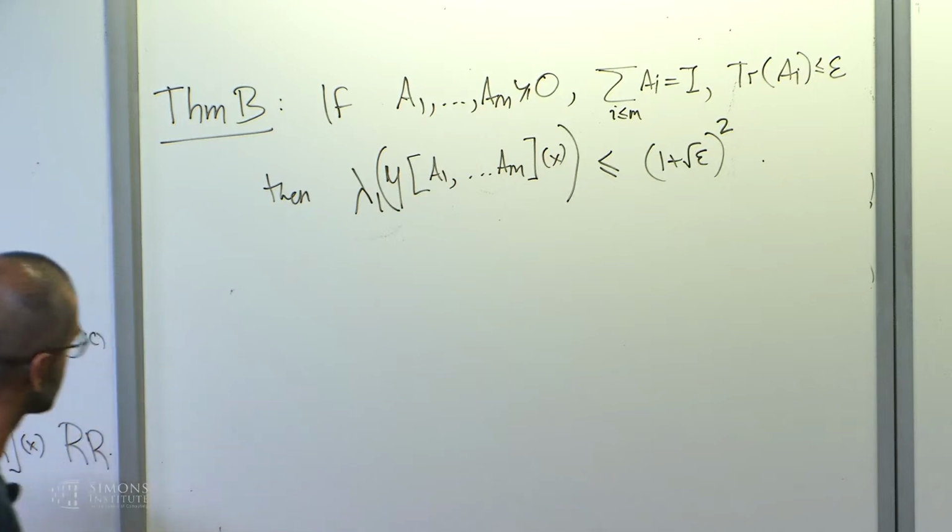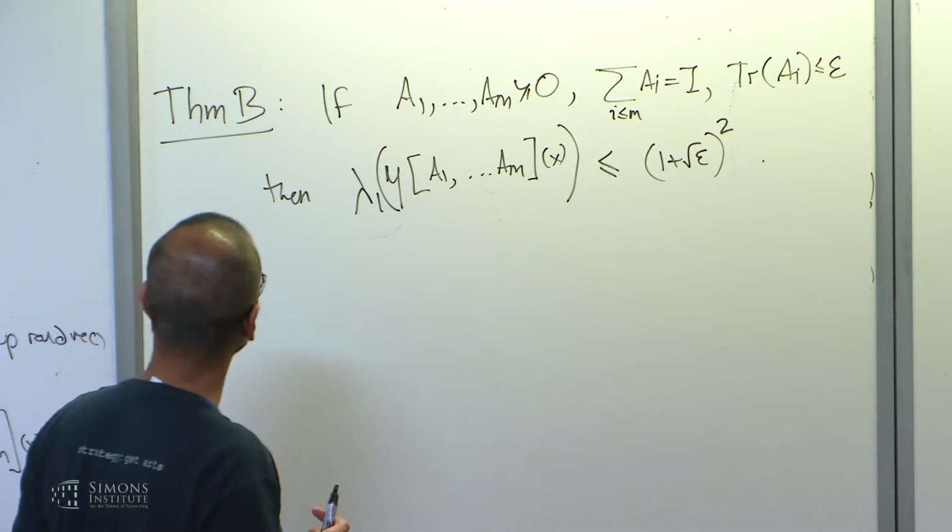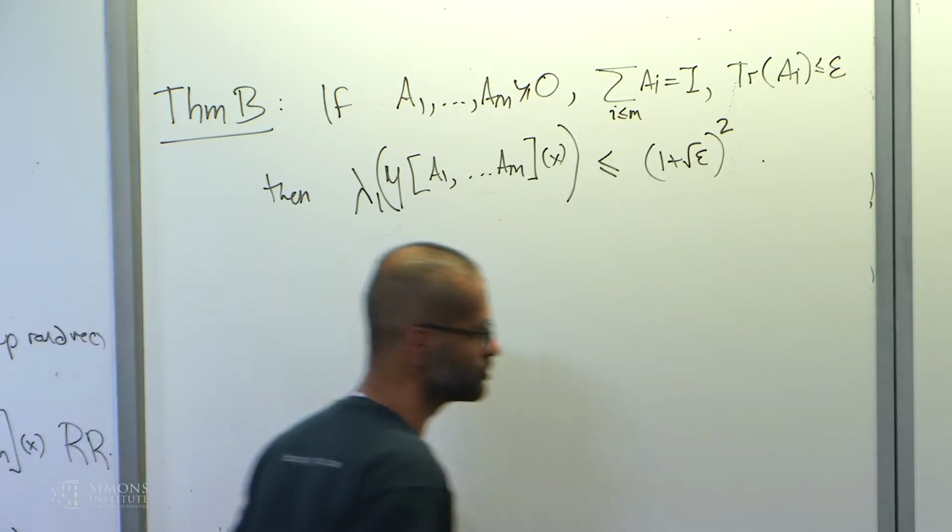So it's a single inequality. And it's a generic bound on the largest roots of such polynomials. This is the main thing I'm going to prove today.